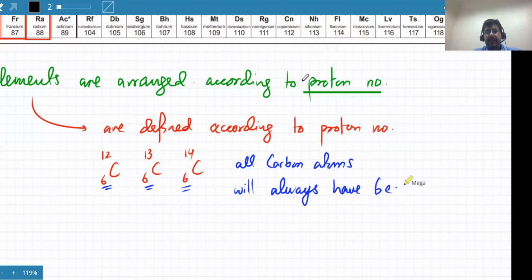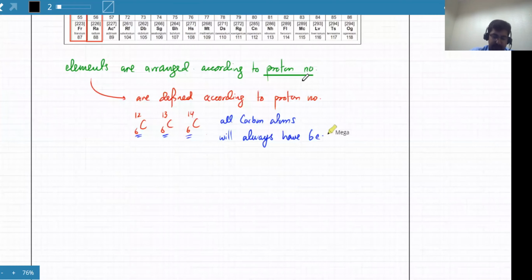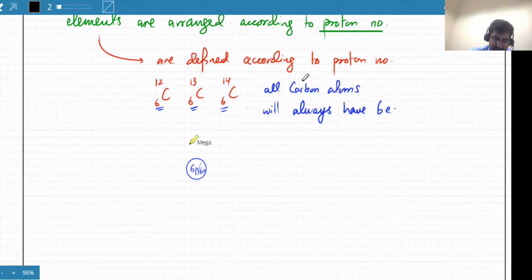The reason elements are identified according to their proton numbers is that an atom is defined by its nucleus. For example, carbon has 6 protons and 6 neutrons. So the nucleus of a carbon atom has a positive charge of +6.